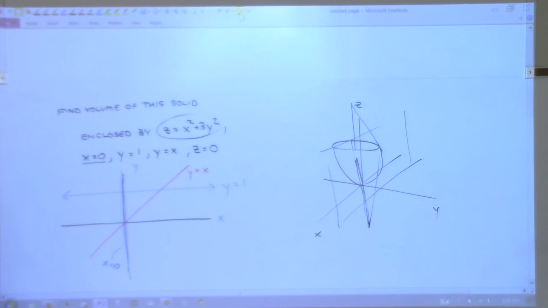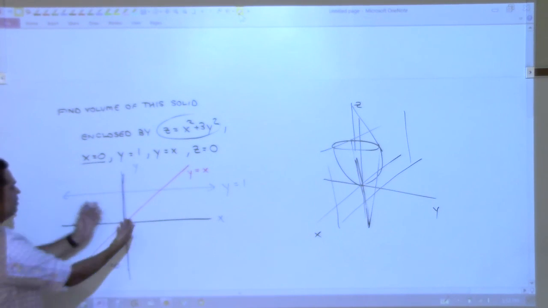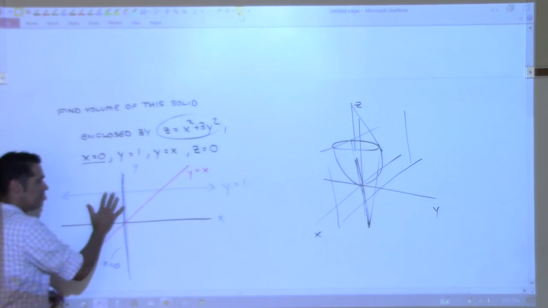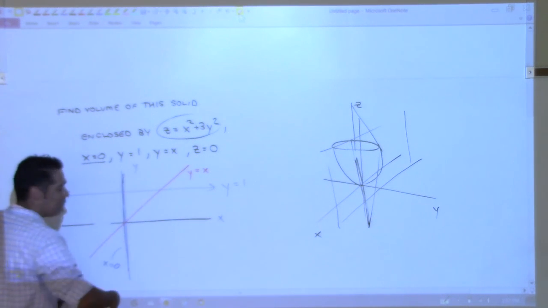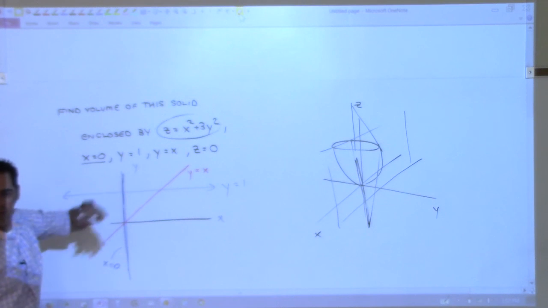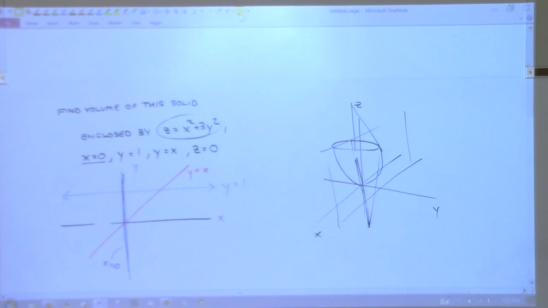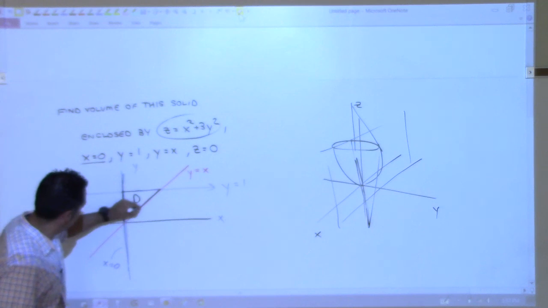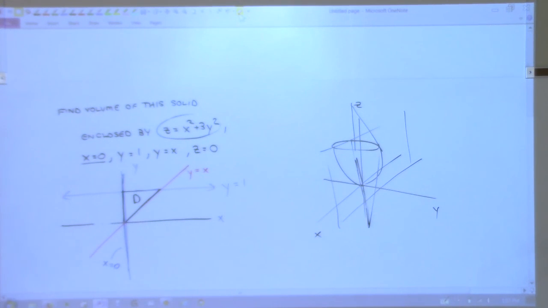We're trying to find the volume that's bounded by this bowl, the ground, z equals 0, and then this plane and that plane. Remember, these come out at us. So do you see capital D? It's this triangle right here. That's your D.